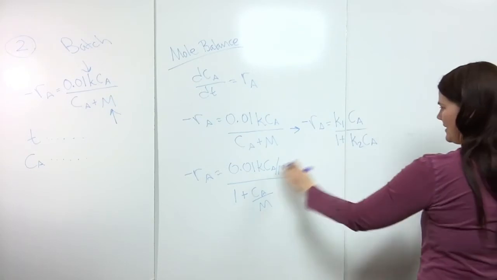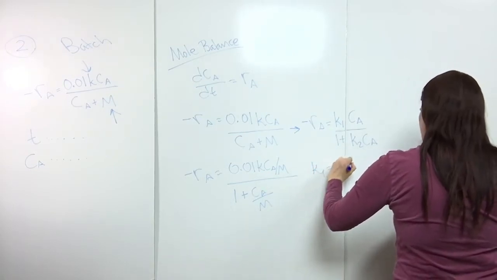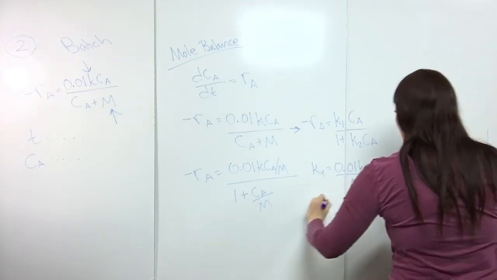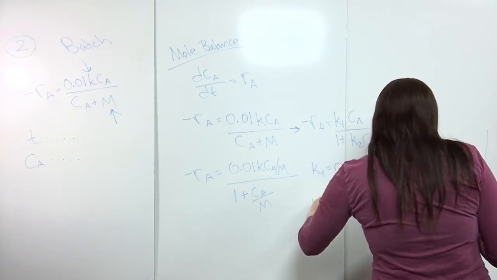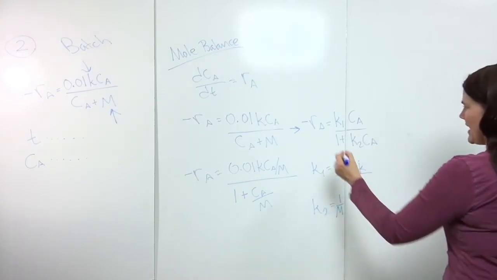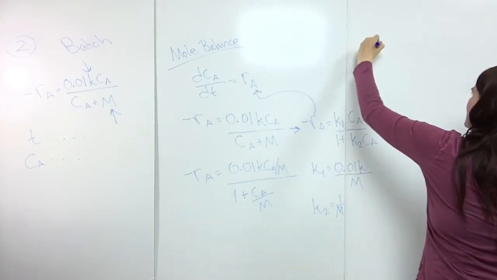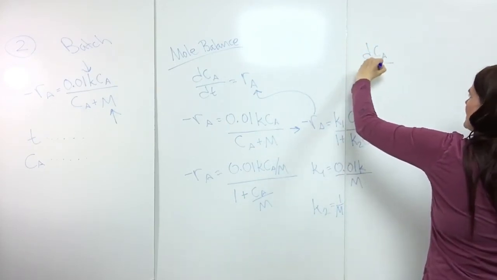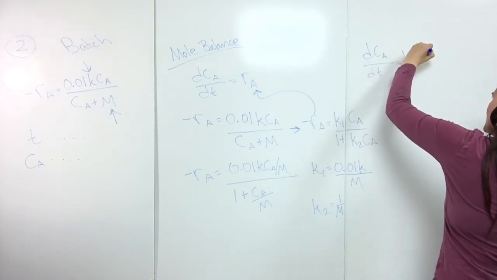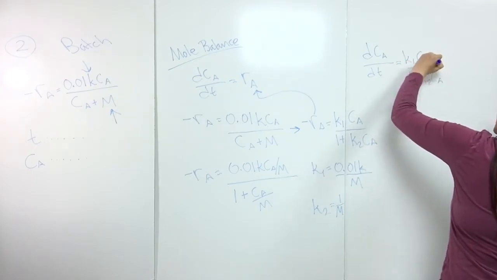So then we know that K1 is equal to 0.01 K over m, and K2 is equal to 1 over m. So then we can take this and plug it in there. So if we do that, we get dCA/dt is equal to K1 CA over 1 plus K2 CA.